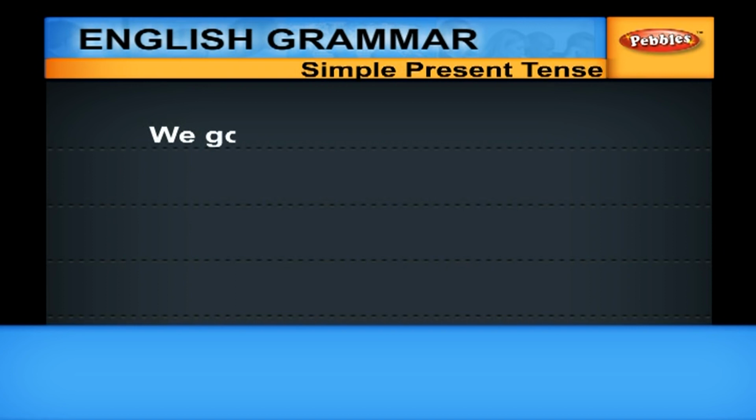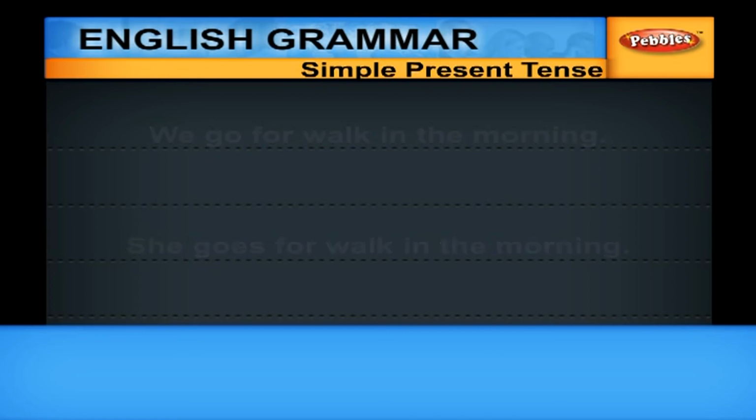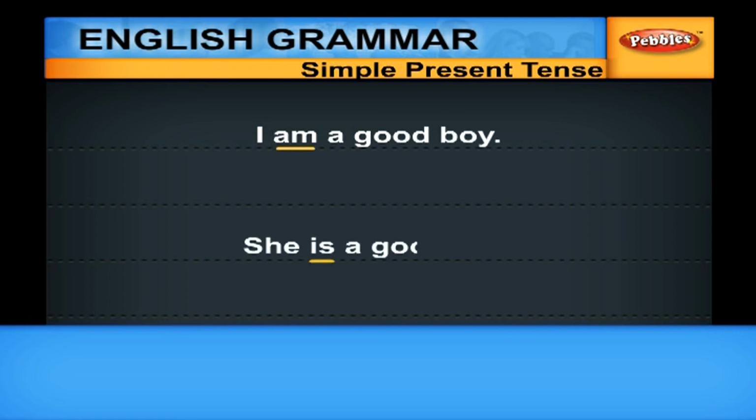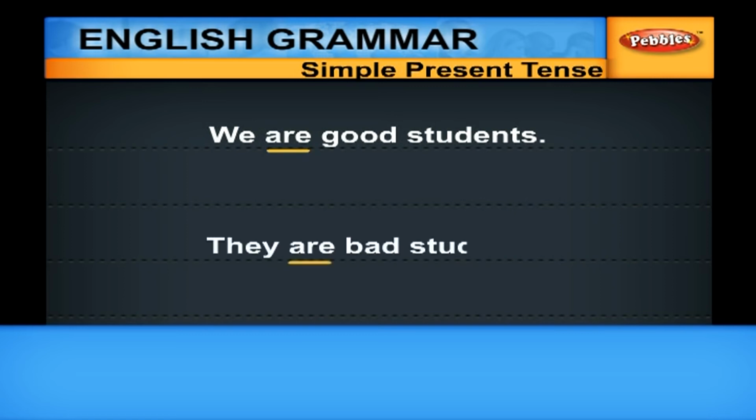We go for walk in the morning. She goes for walk in the morning. I am a good boy. She is a good girl. We are good students. They are bad students.